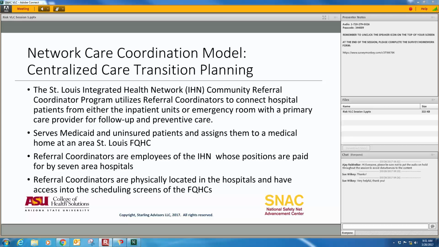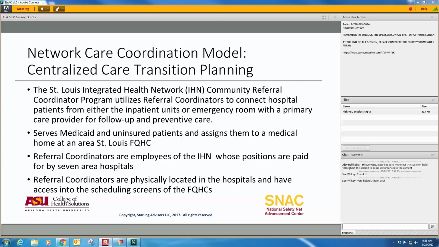So either working in inpatient units or emergency room interactions, the entire focus of that referral coordinator is to make sure upon discharge that the patient, if they aren't already assigned to a patient-centered medical home at an FQHC or health center, is supported upon discharge in that way.